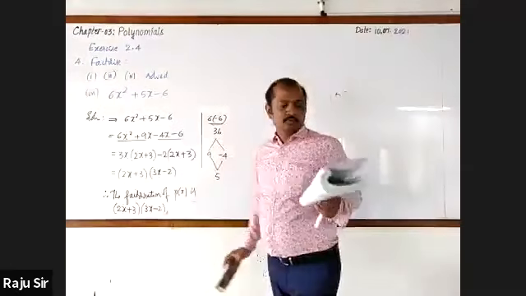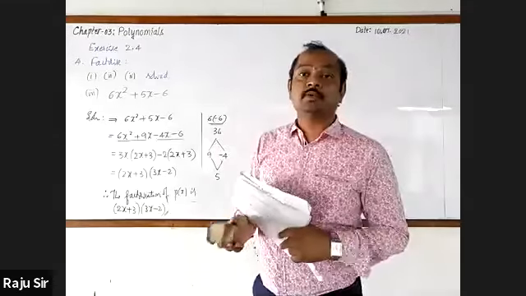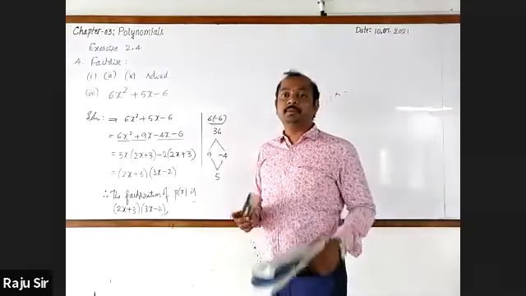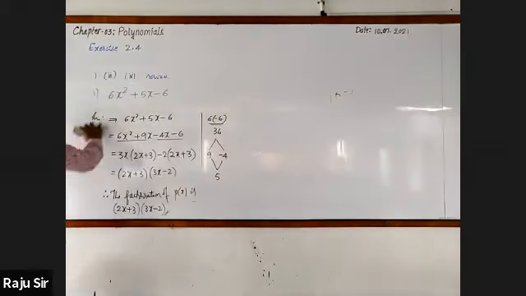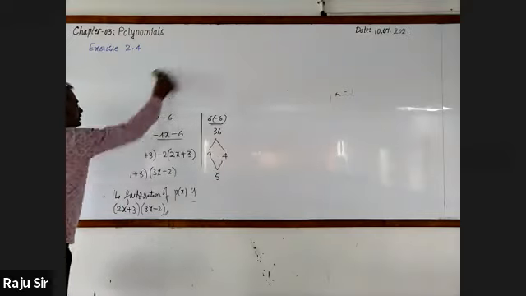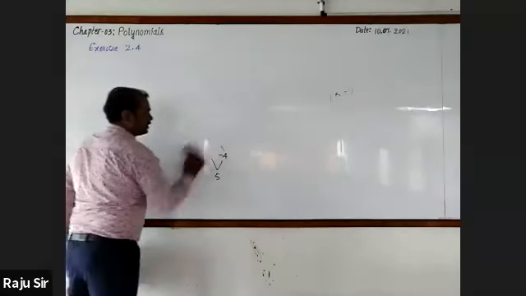Now we are moving to fifth main. This fifth main is related to factorization of cubic polynomial. In this main also we have already solved some problems, but I am going to take the problem which was not solved.